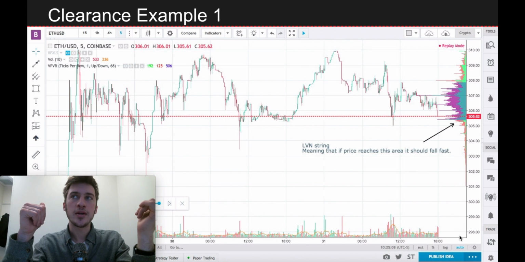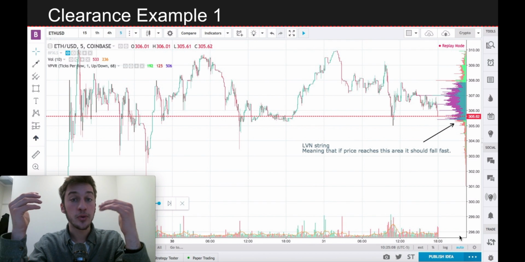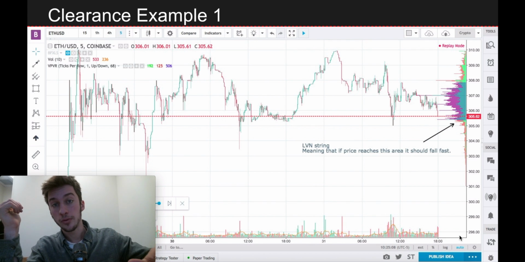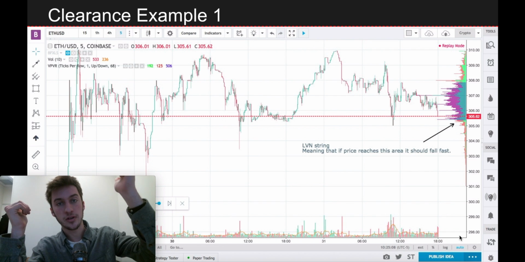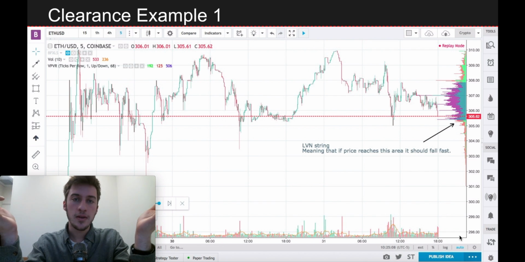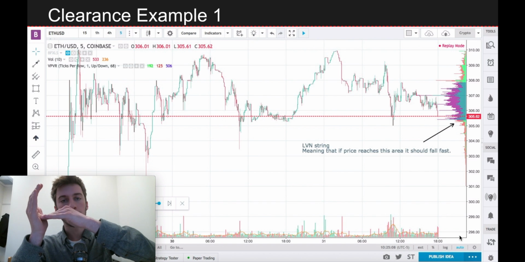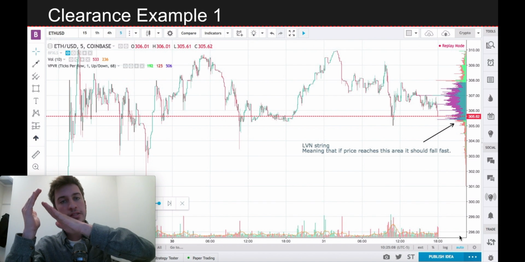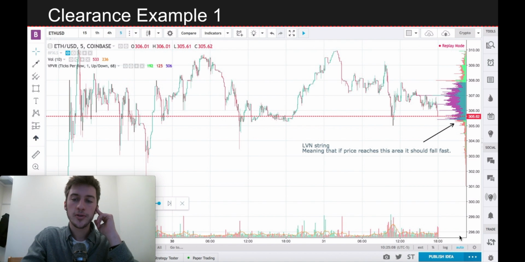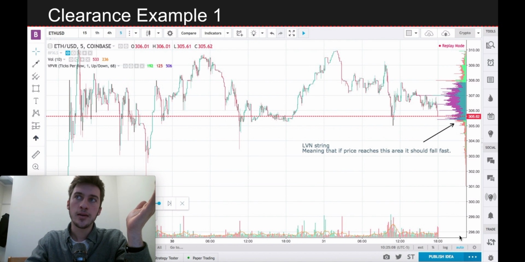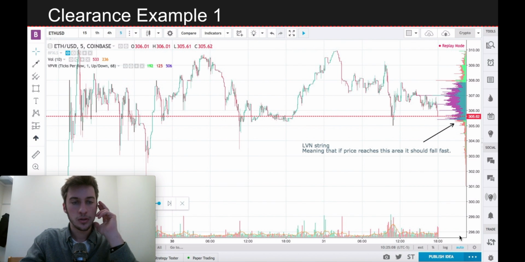If there aren't that many orders at those levels, it makes sense that price would just fall right through, or rise very quickly if the LVNs are above. Because if there are no orders in a certain price area, then price is going to keep going until it reaches a mass of orders, and then it might consolidate or reverse. So that's the reasoning for why price likes to just tear right through LVNs.